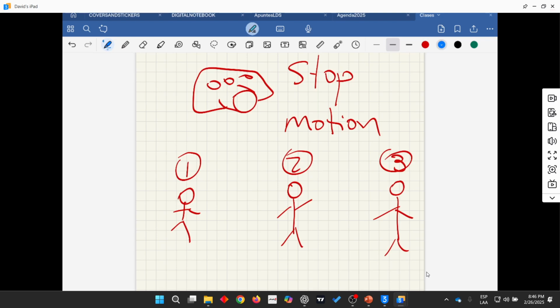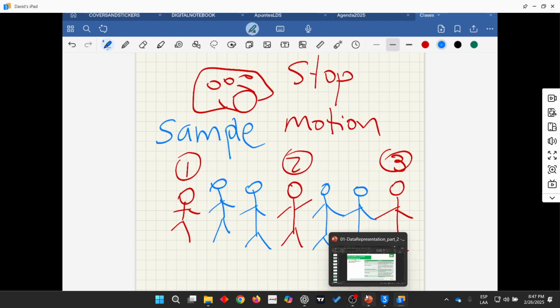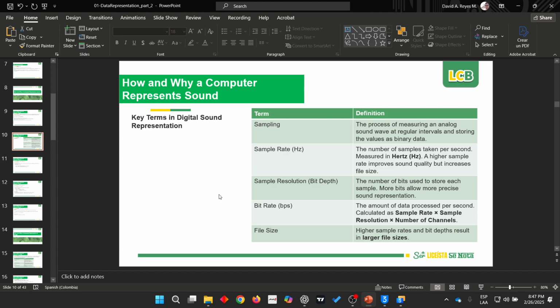But what if I start taking more pictures here? That means the stop motion is going to have a better quality. So that is what sample means. Okay. So the amount of pictures you take.